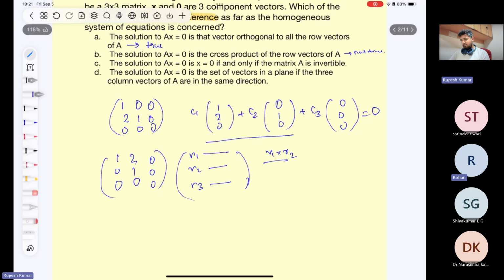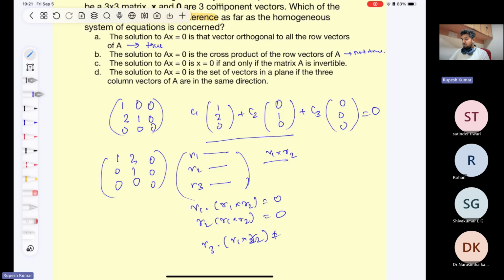R1 dot R1 cross R2 and R2 dot R1 cross R2 will give you zero values, but it's not guaranteed that R3 dot R1 cross R2 will give you zero, right? You can't say anything about this. So you will get one non-zero component, right?